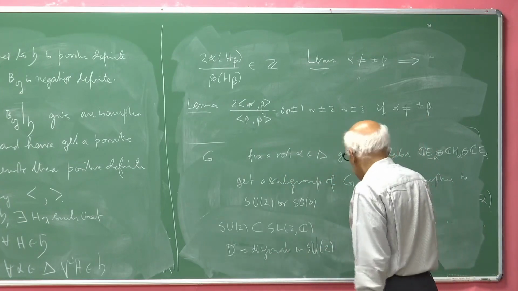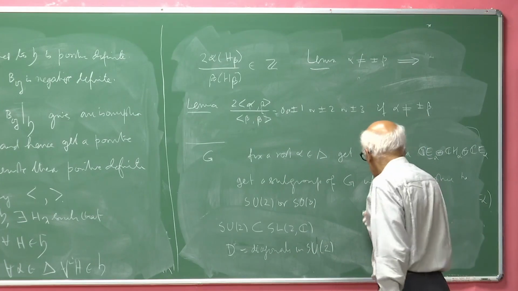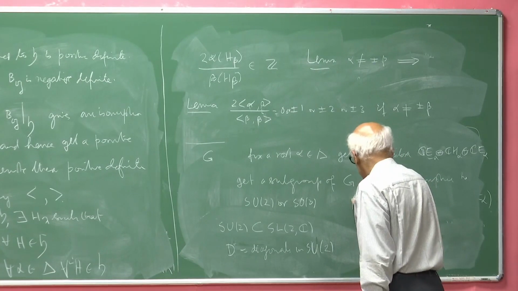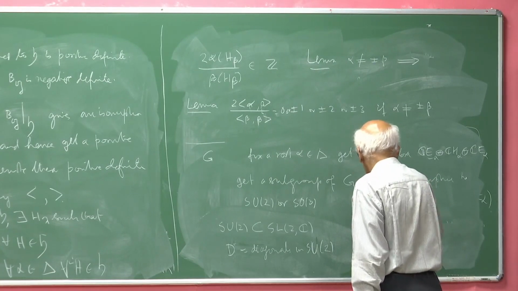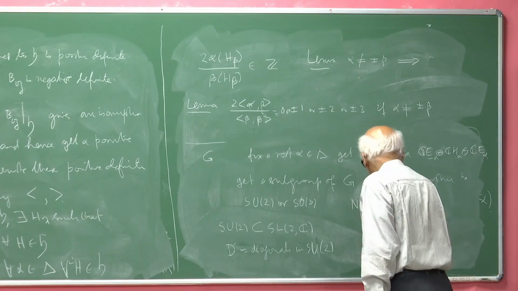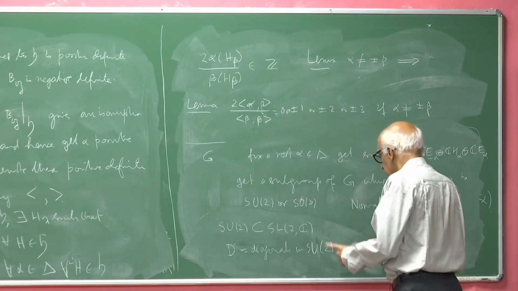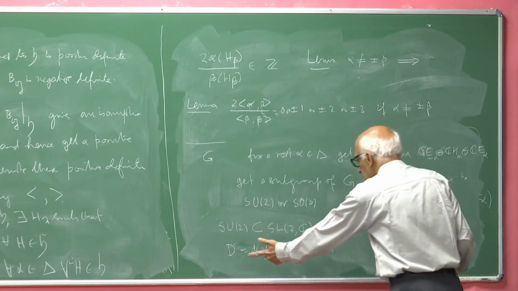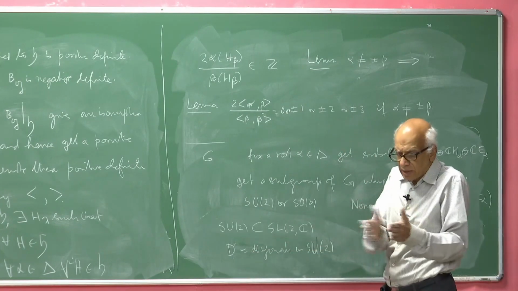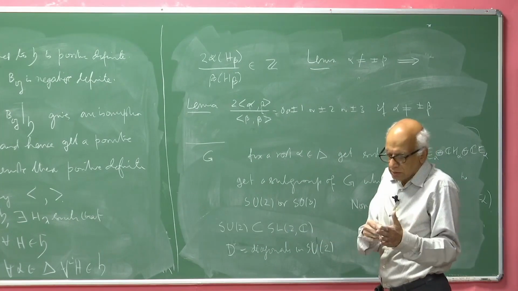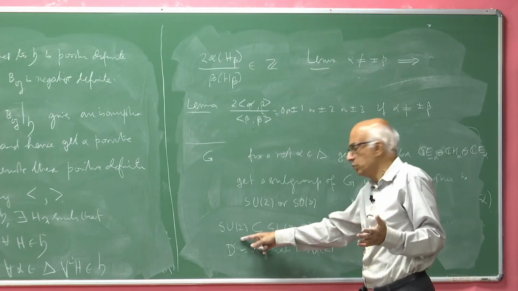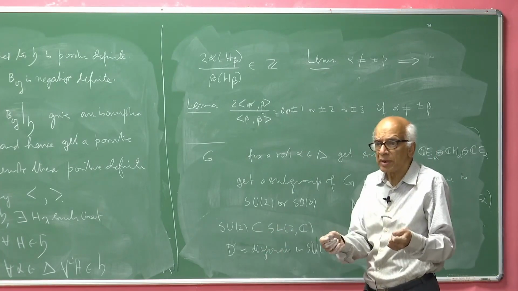Now, in SU2, what is the normalizer of the diagonals? You have this group SU2, and you are looking at the diagonals. Under the diagonals, the vector space C2 breaks up into 2 eigenspaces.